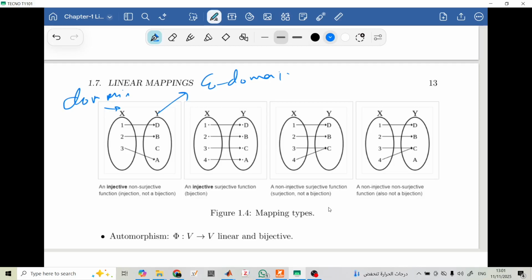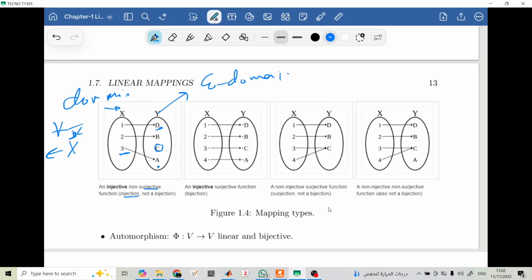So here this mapping is injective, meaning for all x in capital X, there's a single image for the elements. Okay, but this is not surjective, meaning the point C here cannot be reached by any point in X. So this is not a surjective mapping, hence it's not a bijective mapping.